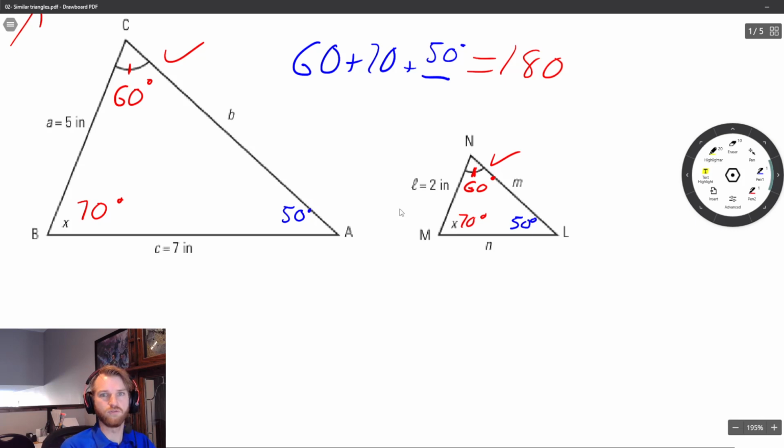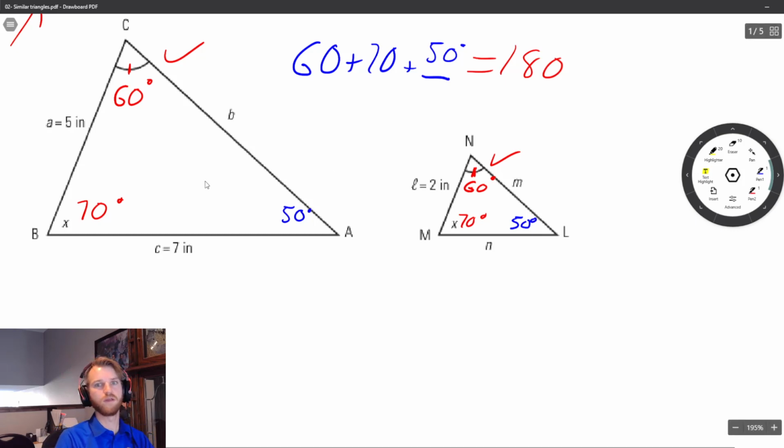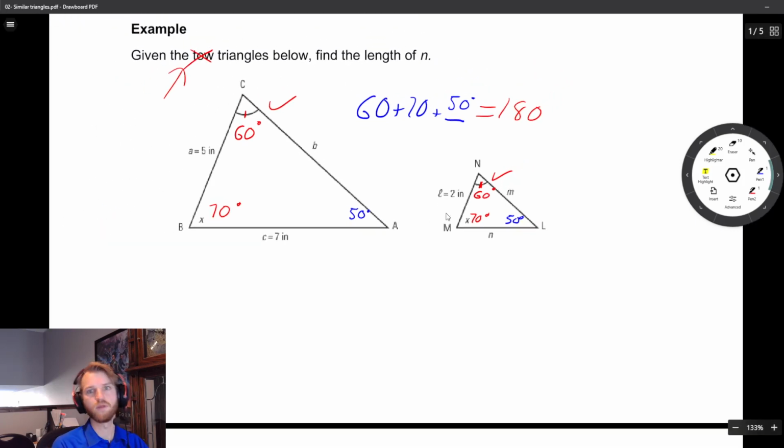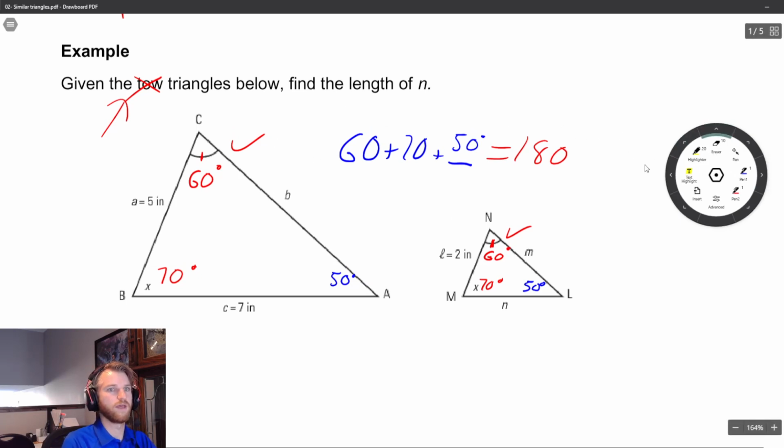So this is all just a really long way of saying that if you see that there's two pairs of matching angles in a triangle, the third one is also a match. And as soon as all the angles are a match, that means they are similar. Okay, it means that you can use a scale factor, say that all the sides here are going to be like twice as big or half as big or whatever to get to this one. Okay, so that was all just a long-winded way of us saying that these two triangles we now know are similar.